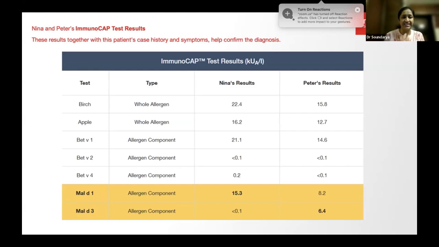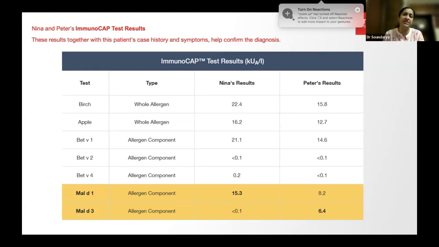So here, we look into molecular testing only when we have confusing results. Like in these two, brother and sister, we have confusing results. Both have been positive on ImmunoCAP as well as on skin test for birch.